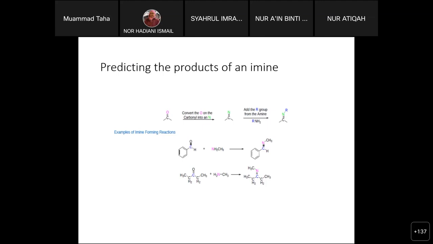This is finished, this is the simple reaction. You can see that this is benzaldehyde reacting with methylamine to form this product. Same way, this butanone reacts with this and forms this product. Going down, next slide.